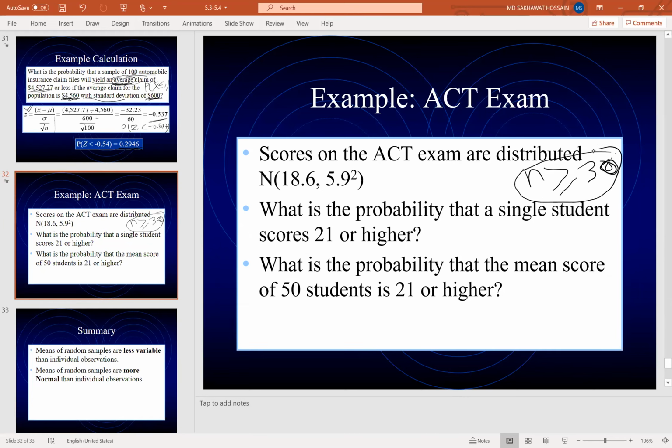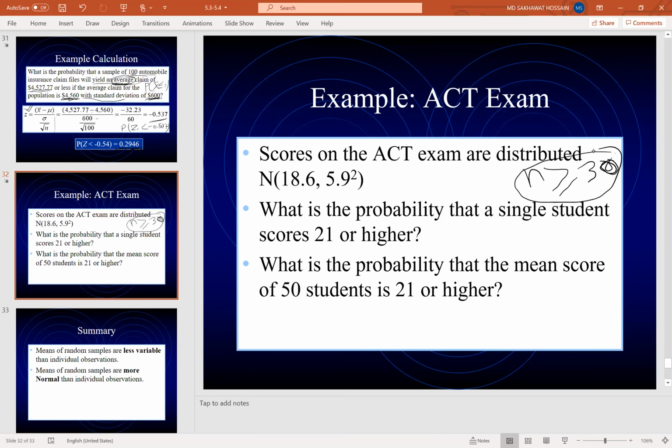It's not always true; sometimes even when n is less than 30, the sampling distribution can be normal. But if n is greater than or equal to 30, the sampling distribution for the mean will become normal, regardless of the distribution of the original data.